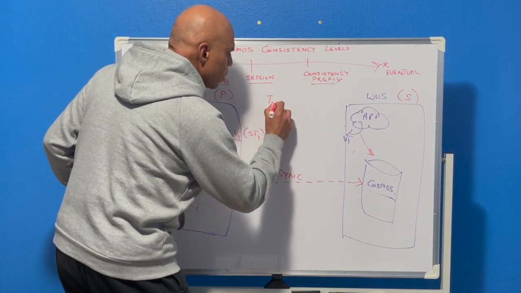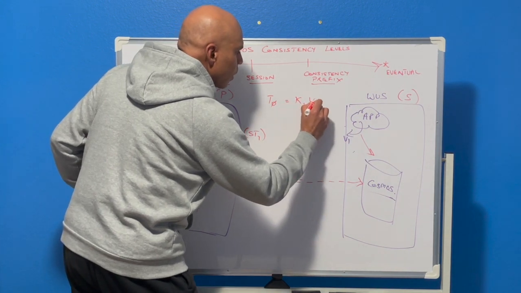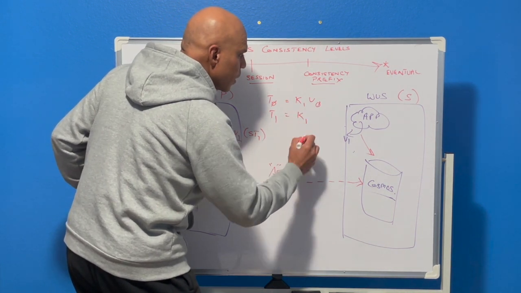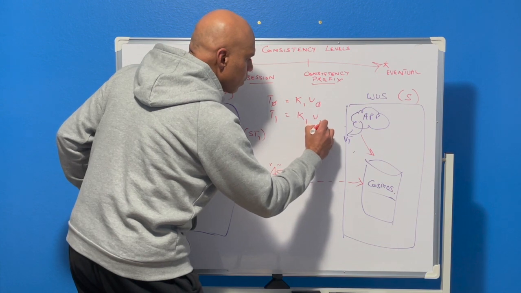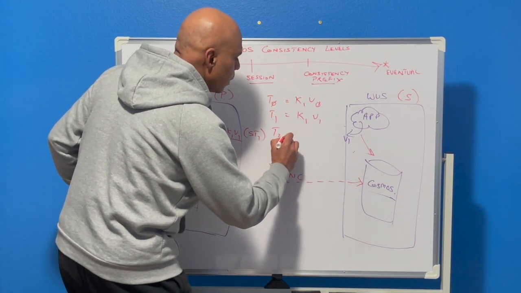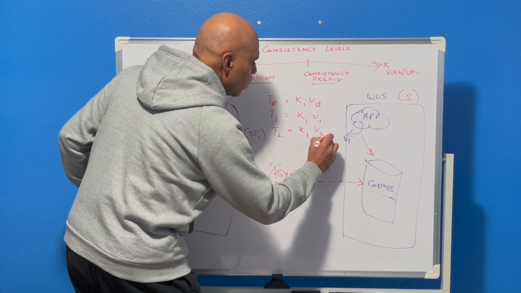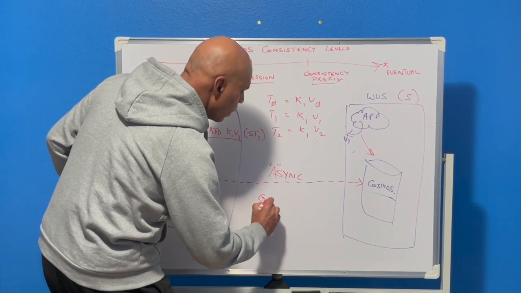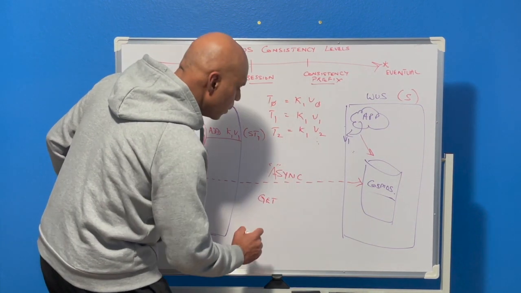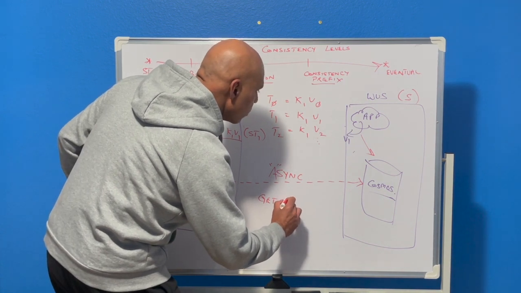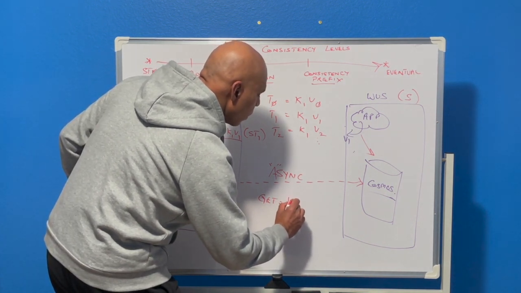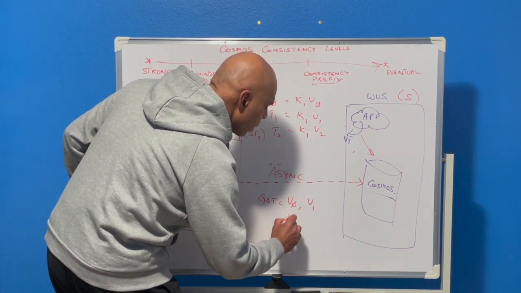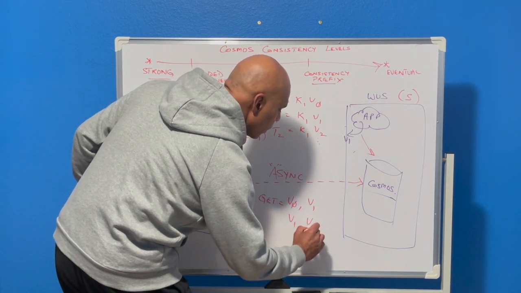Let's say at time t0, I wrote a value key1 v0. Time t1, I updated the same document and I set a value of key1 v1. Time t2, it was key1 v2, and so on and so forth. So if I ever issue a get call with consistency prefix, I am going to get values in this order. It could be v0, v1, v1, v2.